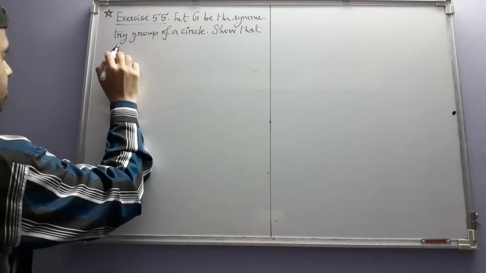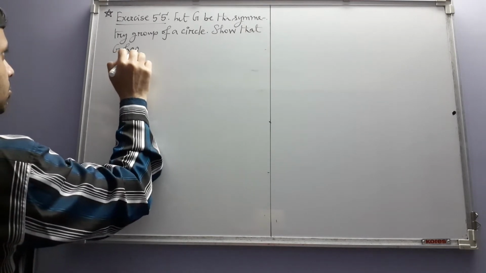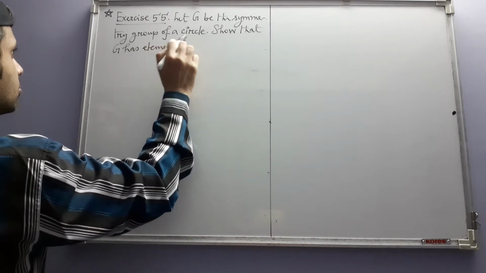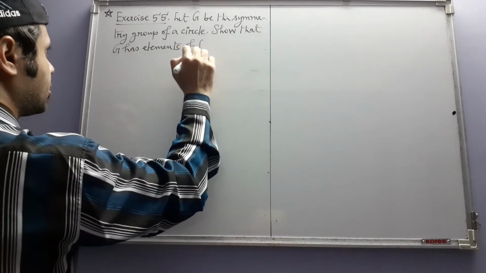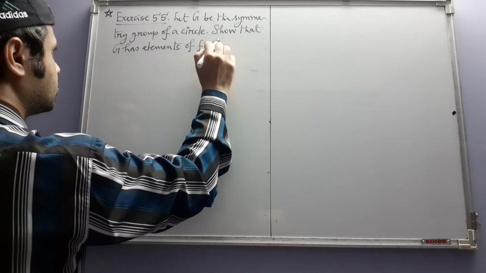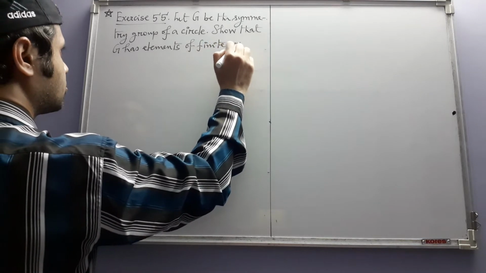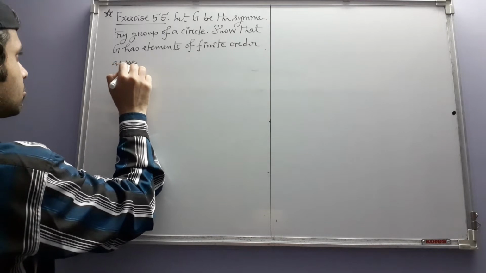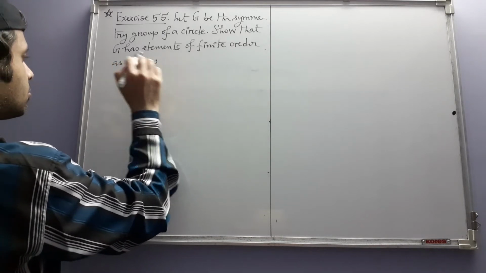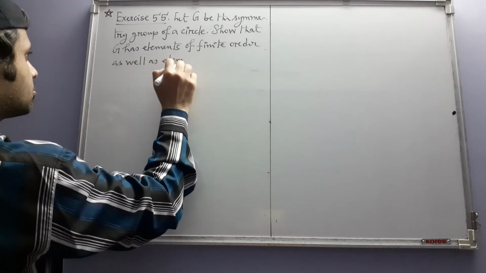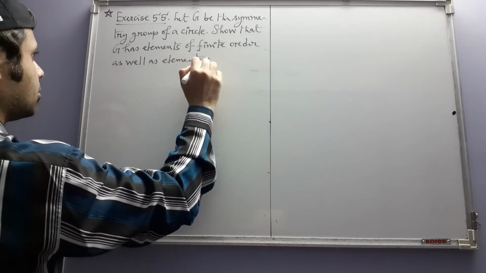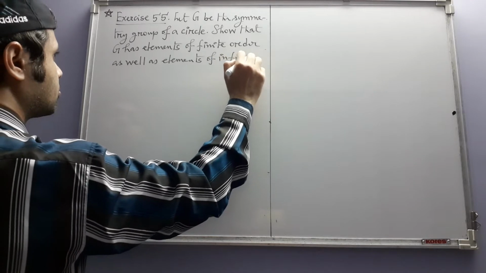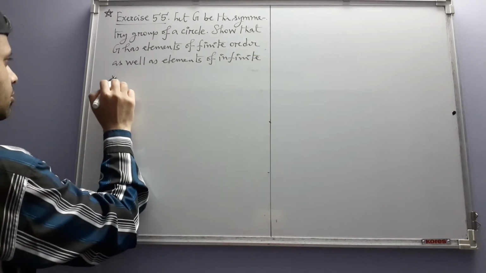Show that G has elements of finite order as well as elements of infinite order.